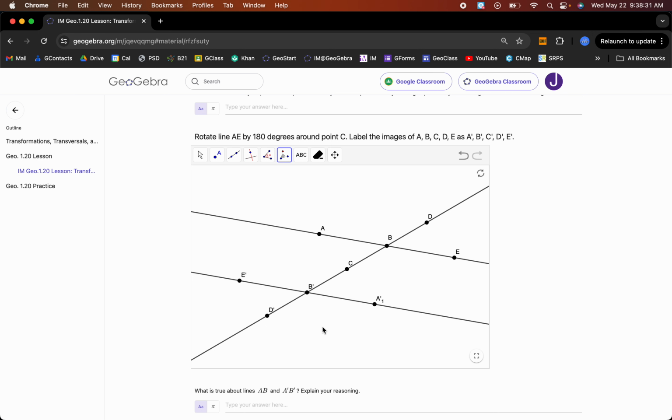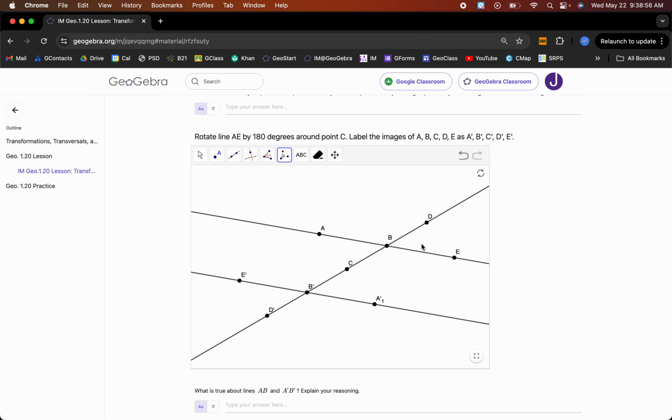Okay, cool. What's true about AB and A prime B prime? Well, duh, they're parallel, right? What else do we notice? Look at A, it's over here now instead of on that side. They flipped spots, but they're parallel.